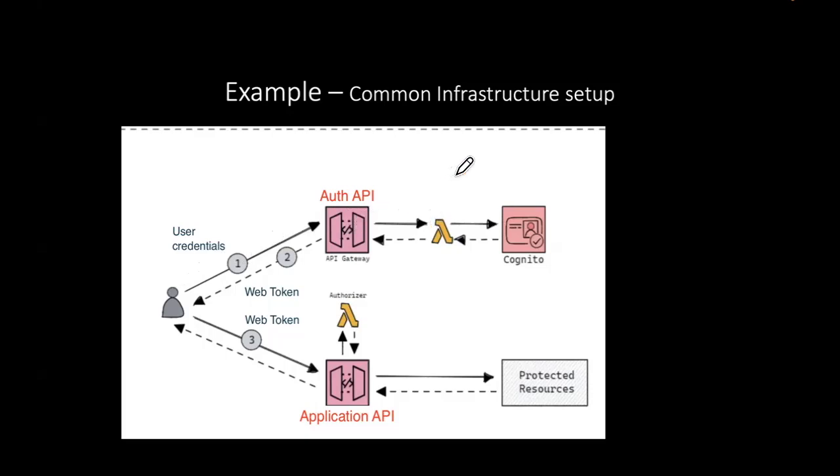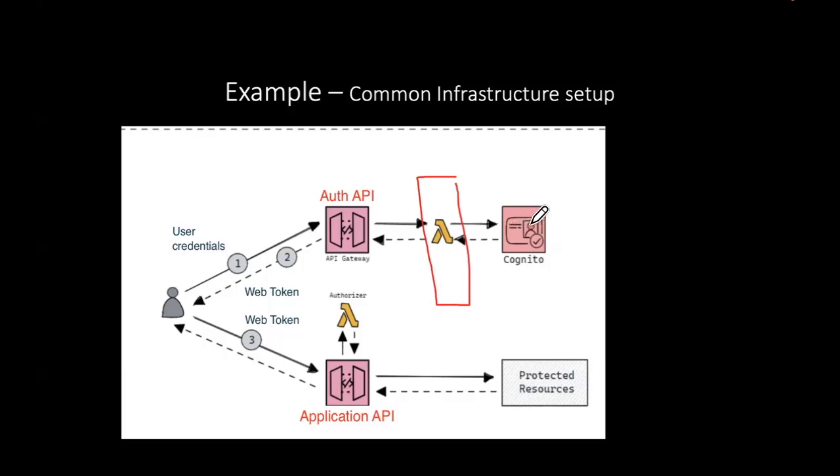So there's going to be a number of Lambdas up here. And these lambdas, which we write, but they're pretty much boilerplate, deal with user registration requests, user login requests, user logout requests, and these lambdas need to talk to the Cognito service.